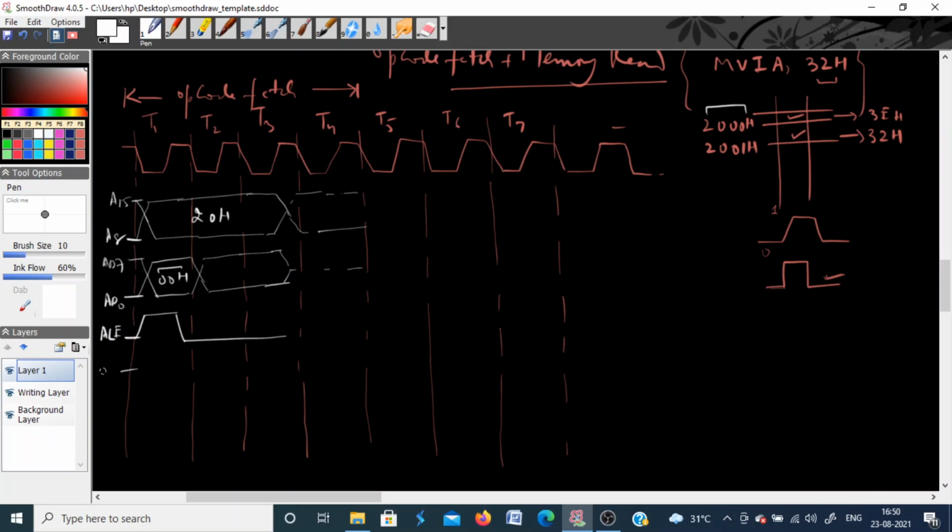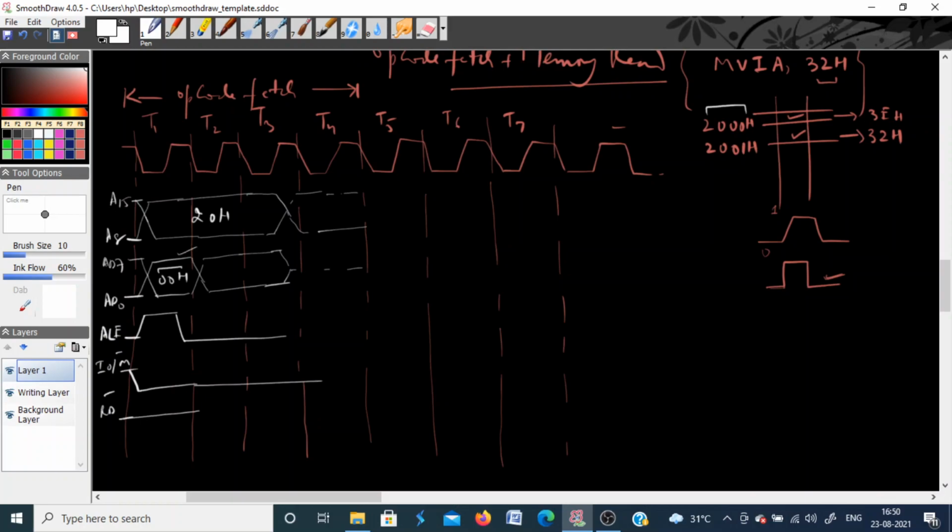And at the same time you have status signals, you have IO/M (IO oblique memory). Since opcode fetch is a read operation, a memory-related operation, it will go from logic 1 to logic 0. Then you generate a control signal, that is read. This has to be activated in the second clock period, because in the first clock period the processor is busy latching the lower 8-bit address.